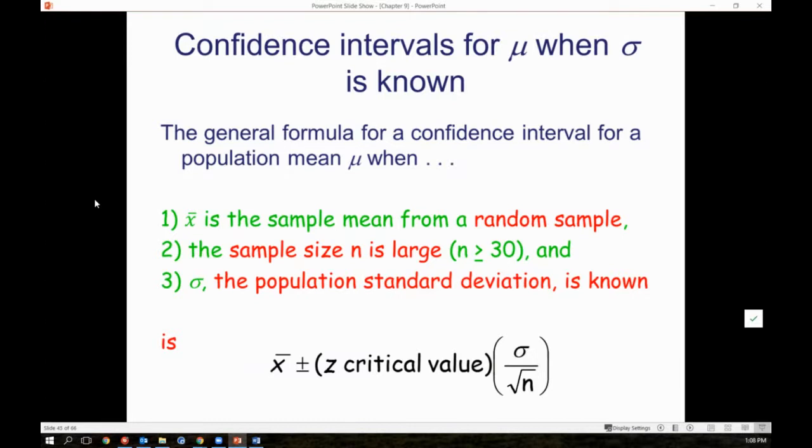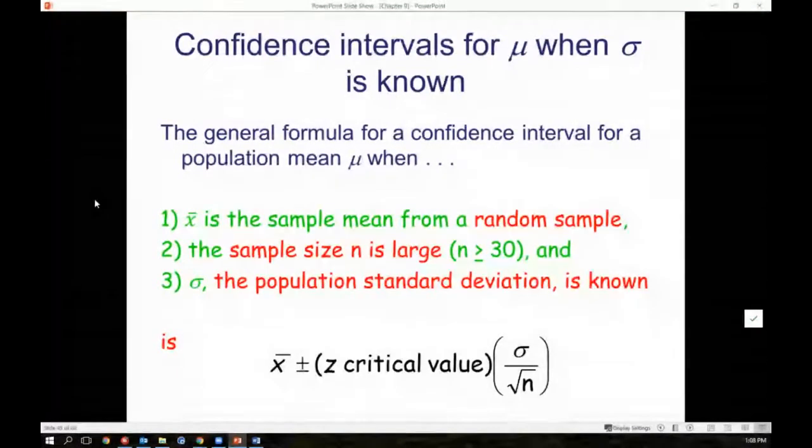If those three conditions are met, we can use the following formula: X bar plus or minus the Z critical value times sigma divided by the square root of n.